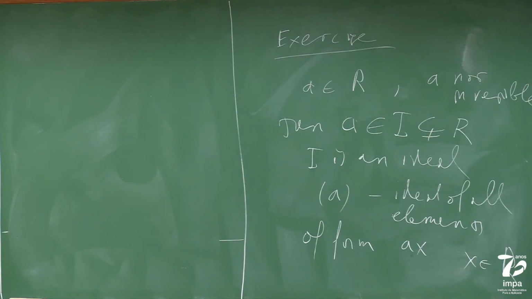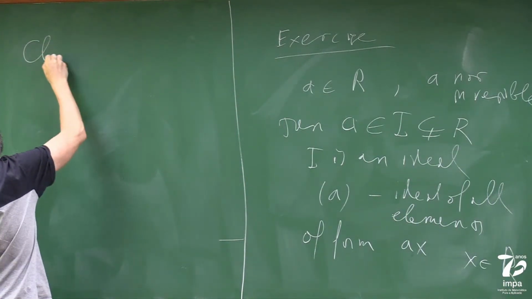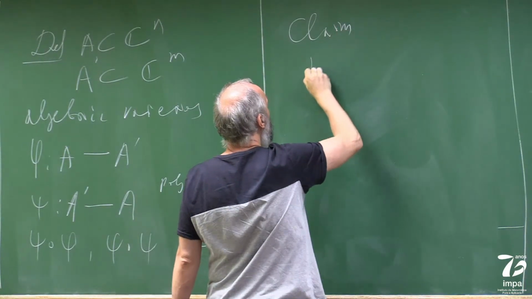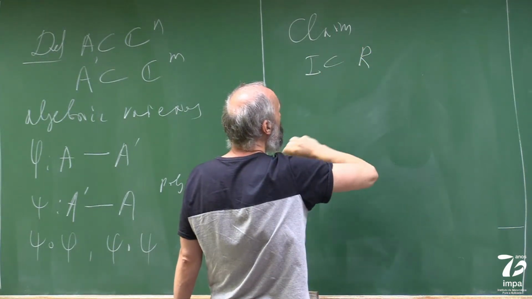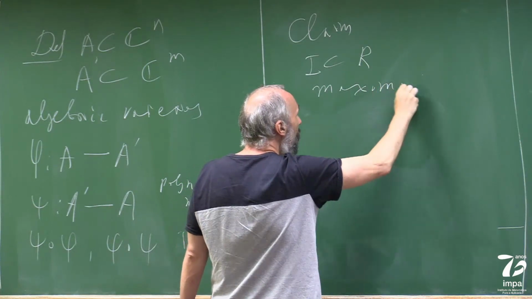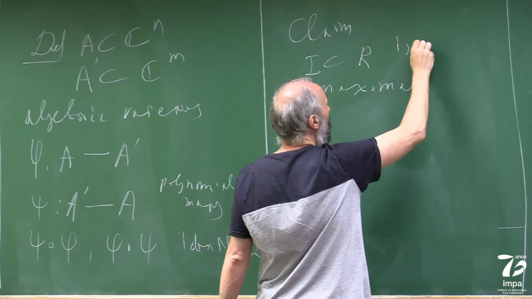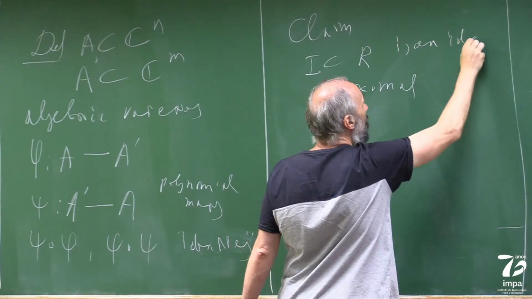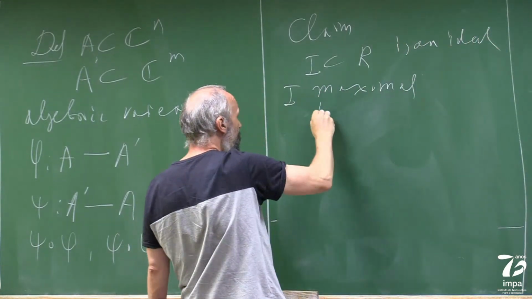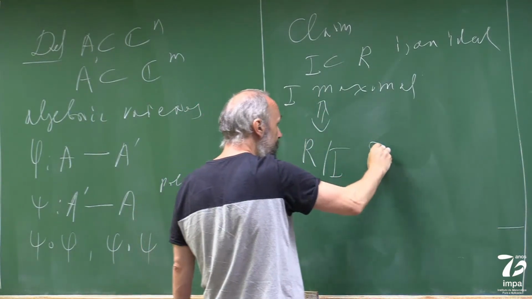So now the second observation, also a very basic claim. Suppose I inside R is an ideal, then I is maximal if and only if the quotient R over I is a field.